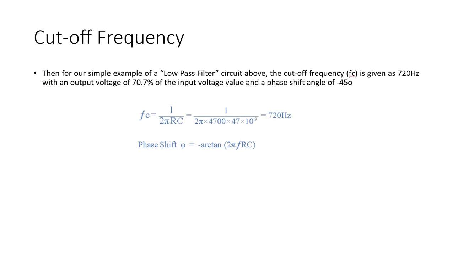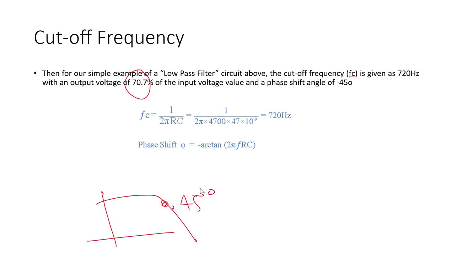What is this cutoff frequency? Cutoff frequency is the knee of the graph at which the circuit starts attenuating its output, and it gives output of 70% of the input. So 70.7% of the output is at 45 degree.